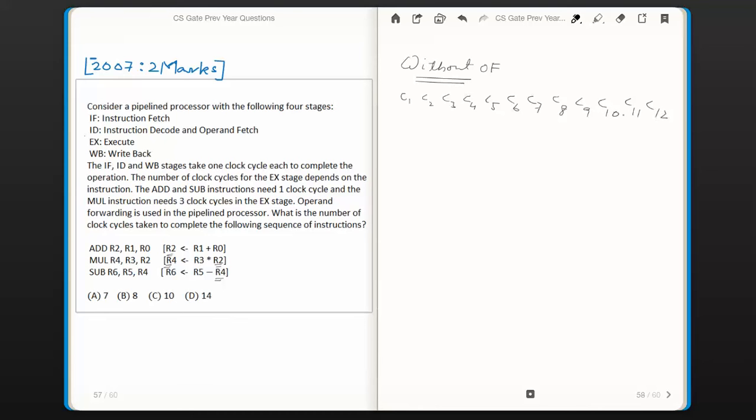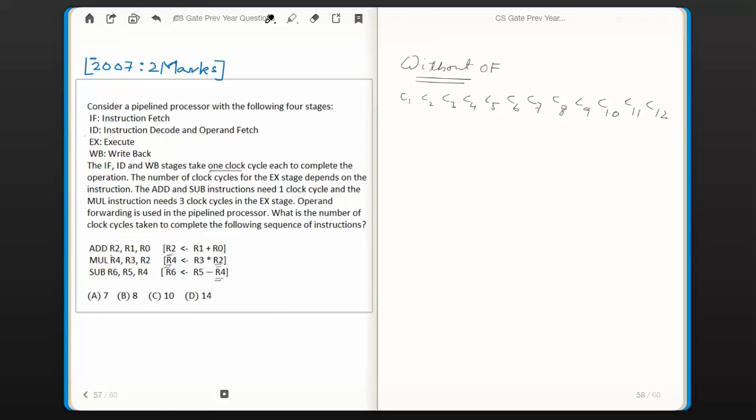So let us draw 12 clock cycles, and after that the first instruction can be scheduled in the first 4 clock cycles because execute of this would take a single clock cycle, as it is given that add and subtract instructions need 1 clock cycle, whereas the multiply instruction needs 3 clock cycles in the execute stage. All other stages take 1 clock cycle each, right?